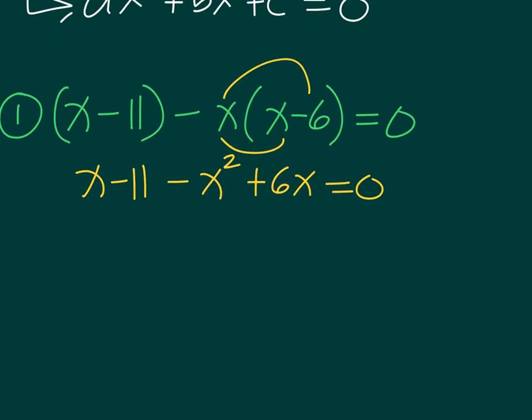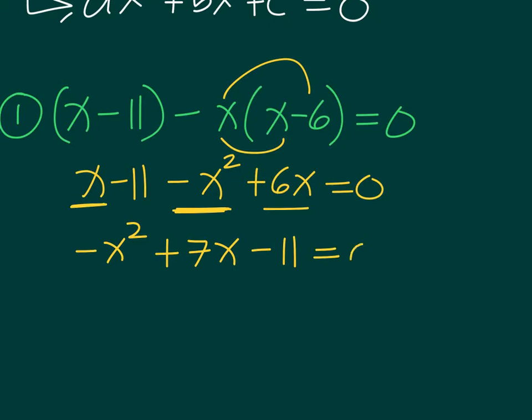Then arrange the expressions so you can have negative x squared. So it's your negative x squared, and then x and 6x will become 7x, and then minus 11 will stay as minus 11. Now to easily use the b squared minus 4ac, I prefer making the x squared positive. So I will multiply both sides by negative 1.